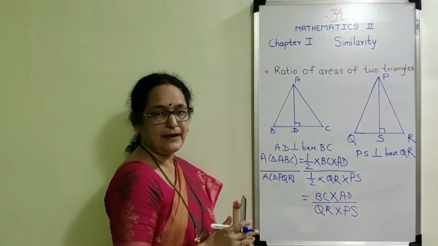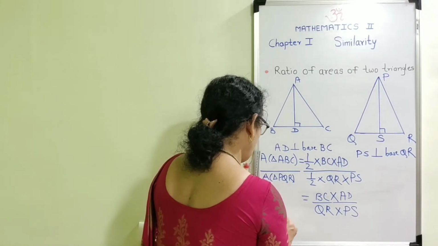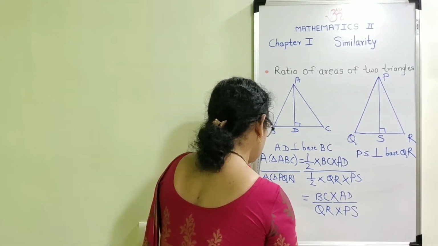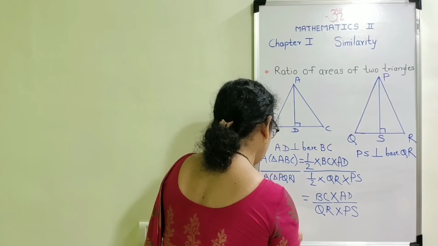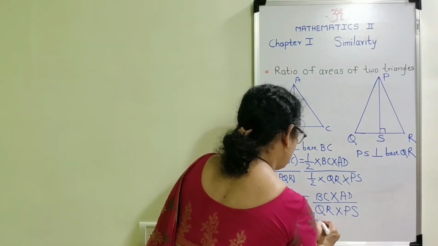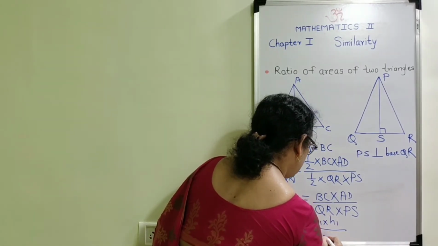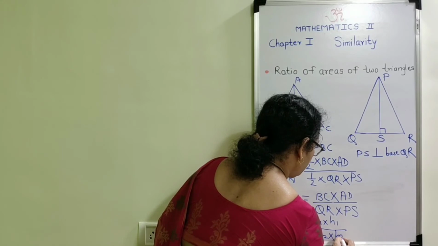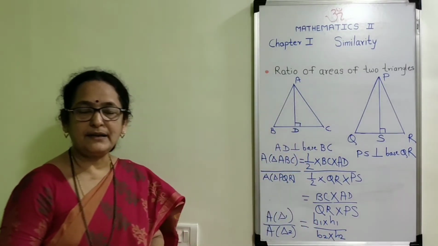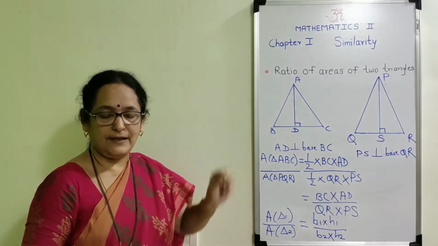If the names of triangles are not given, you are going to write it as area of triangle 1 is to area of triangle 2 is equal to B1 into H1 upon B2 into H2. We have completed the first property related with the ratio of areas.